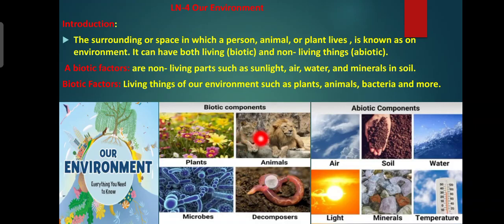Next one, biotic factors. Biotic factors are the living things of our environment such as plants, animals, bacteria and more. Organisms live constantly, interact with one another and adapt themselves to the conditions of their environment.